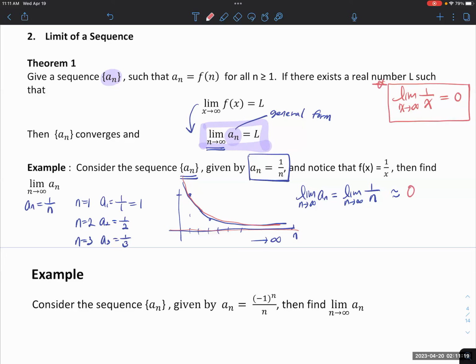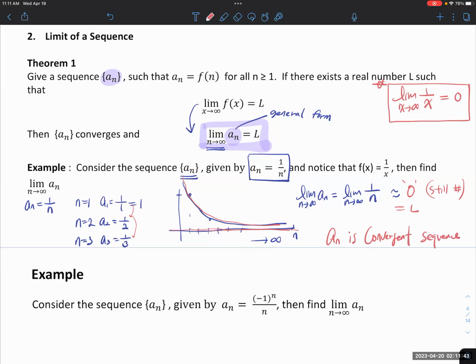And you can see in the graph, as n increases, they're getting smaller, smaller, getting close to 0. So therefore, 0 is a real number. This is a real number. So the limit is equal to 0. That's your limit. Therefore, this an is a convergent sequence.